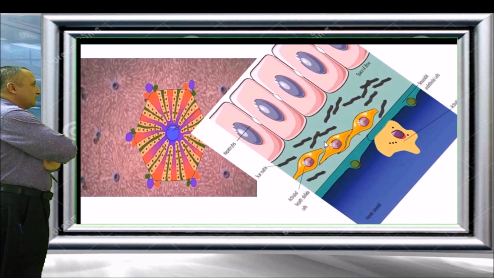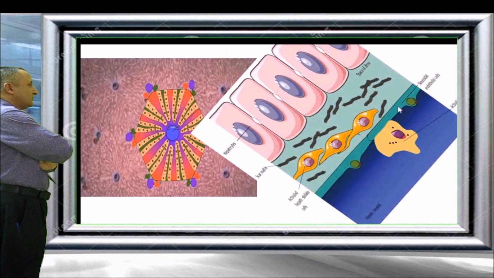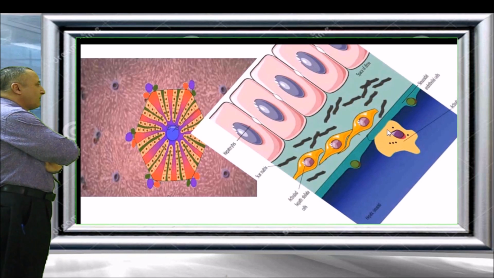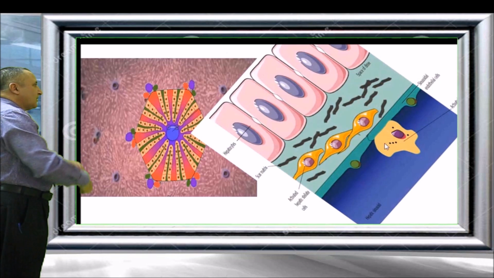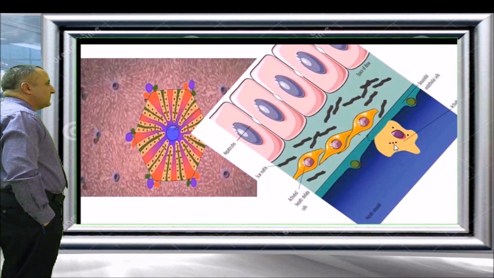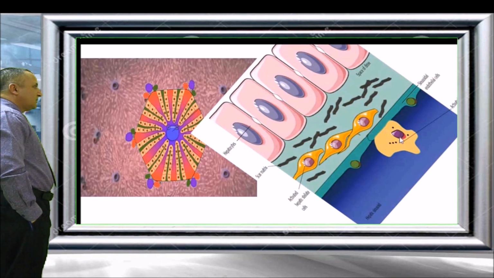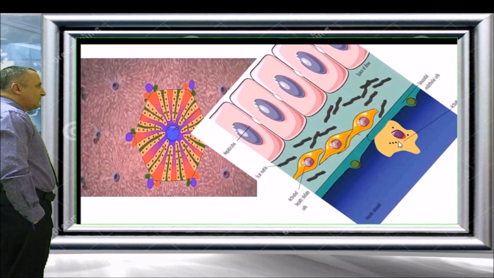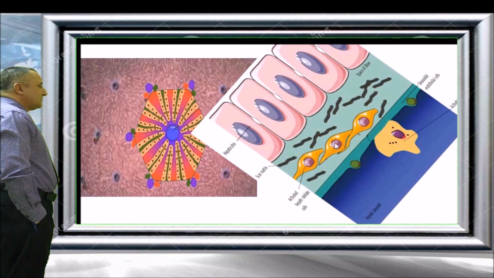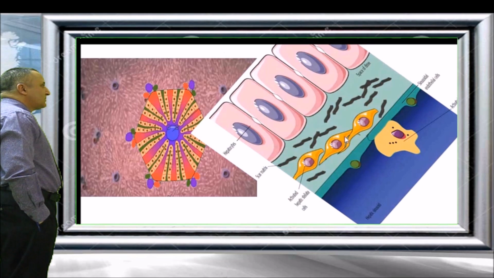The endothelial lining of the sinusoids also contains the Kupffer cells, which are macrophages that engulf organisms like bacteria and viruses. And these satellite cells are also called liver lipocytes. They store fat and they also store vitamin A.